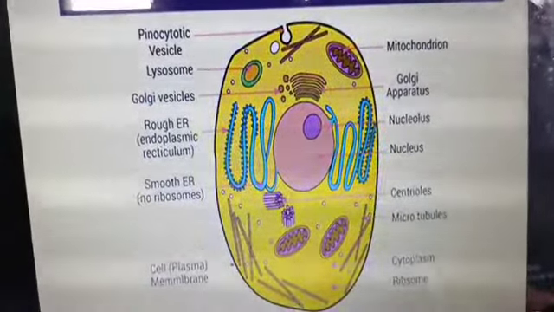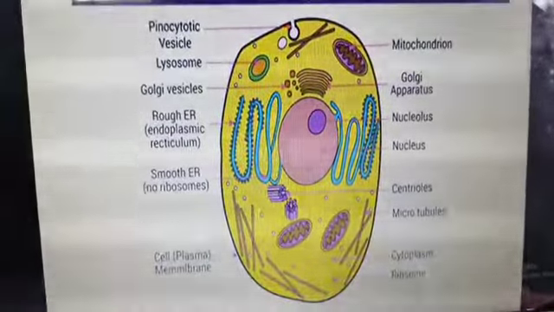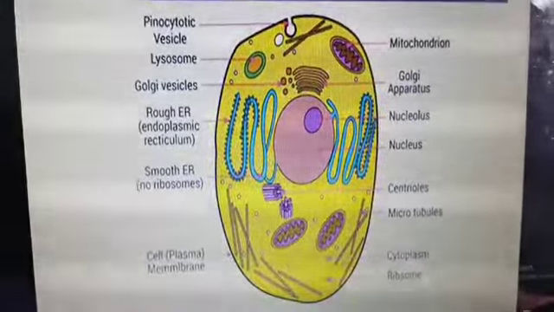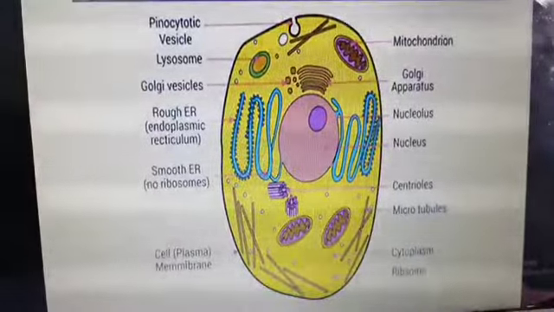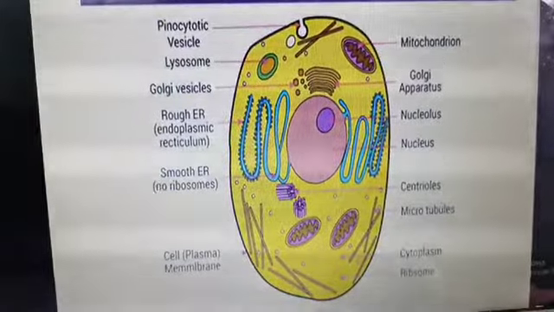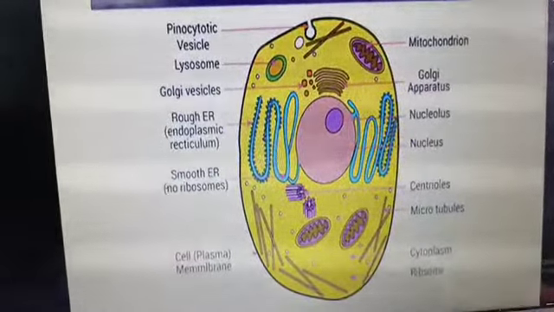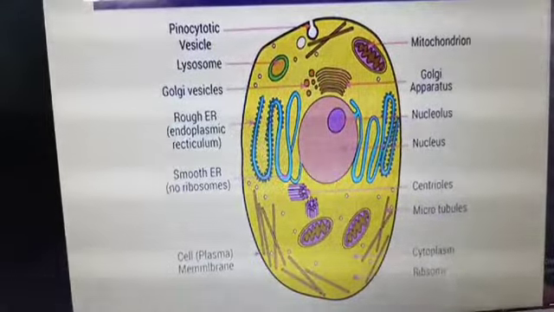Mitochondria is also present, and here also the mitochondria is oval shaped or rod shaped, and it is known as the powerhouse of a cell.